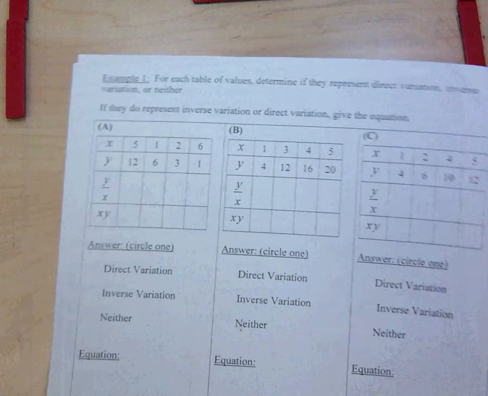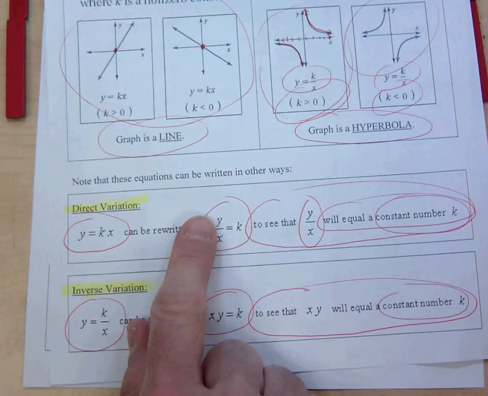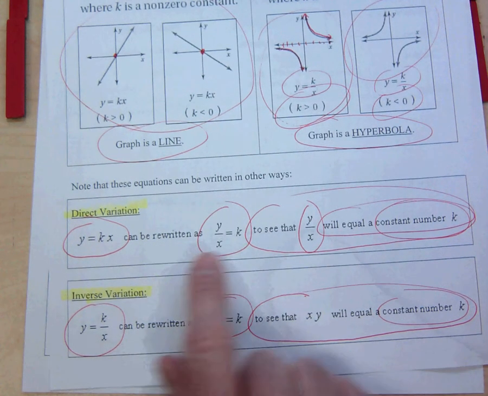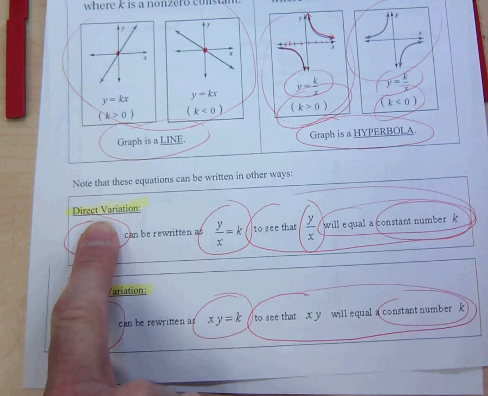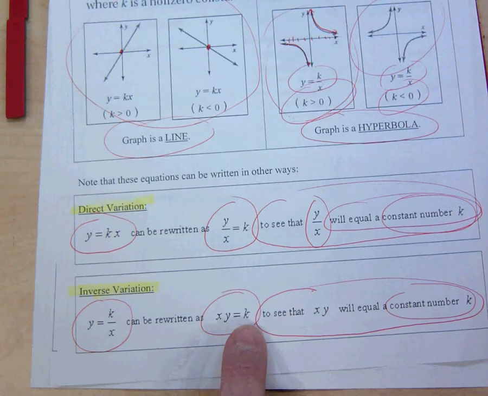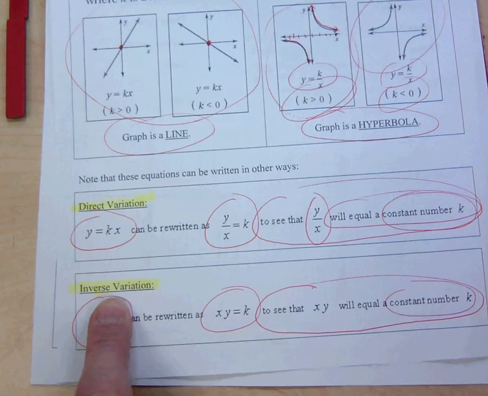Well, you're going to think about what we said a minute ago, which is when you divide y over x and you always get the same constant, that's going to be what? Direct variation. When you take your x's and multiply by your y's and you always get the same constant k, that's going to be what? Inverse variation.